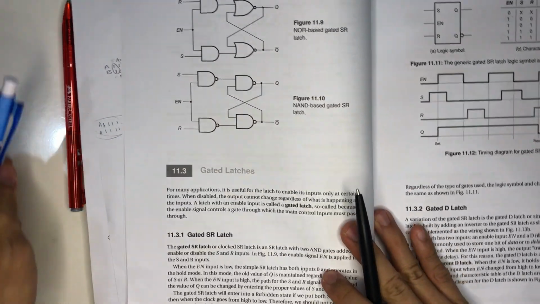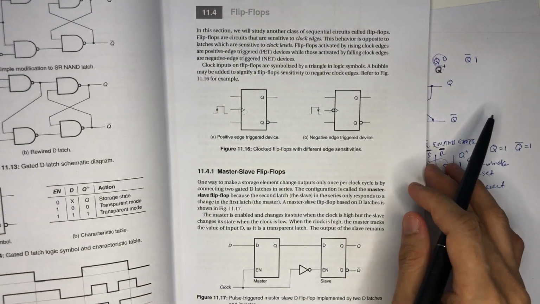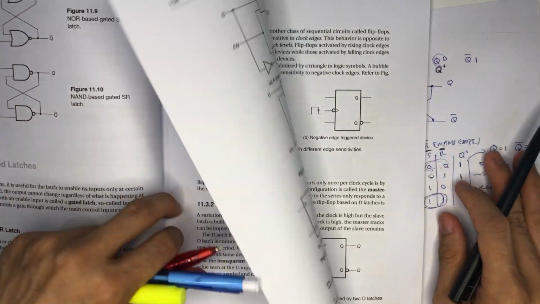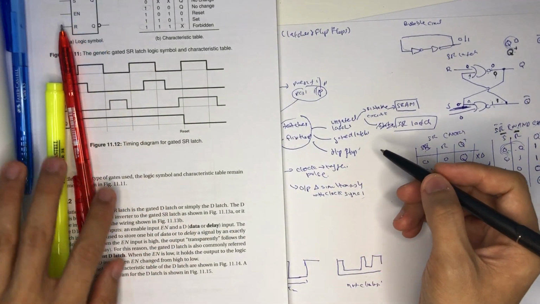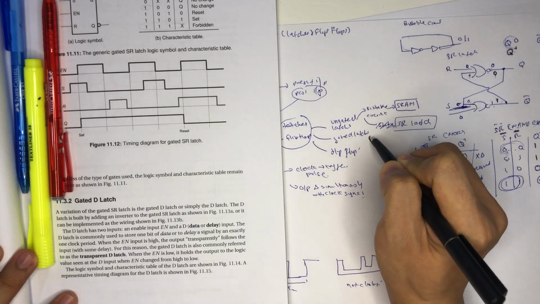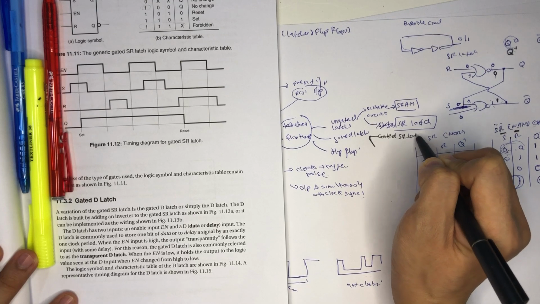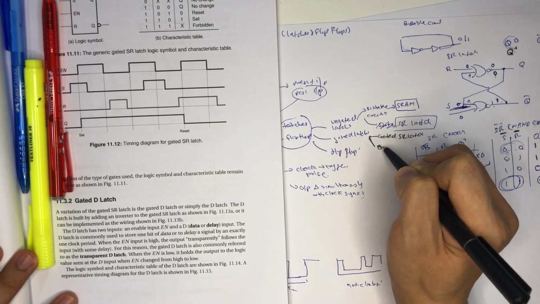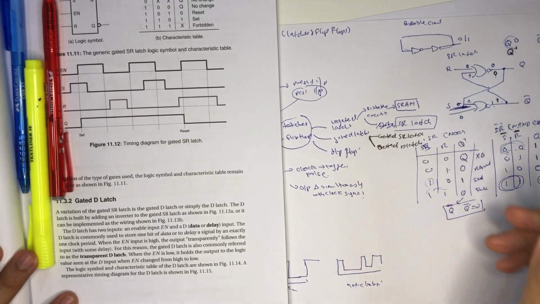Now, for the gated latch, we have two: the gated SR latch and next the gated D latch.